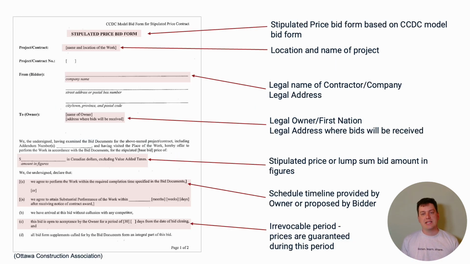On screen now, you see an example, a CCDC stipulated price bid form. And why we show this on screen here, and you can see all of the arrows pointing to these fillable components of the form, is to show how formulaic and how template the actual tender package becomes once you've gone through all the work from the chart that we showed throughout section 2, where you were choosing the contract type and your construction method and your procurement strategy.